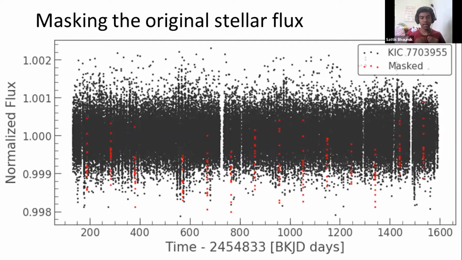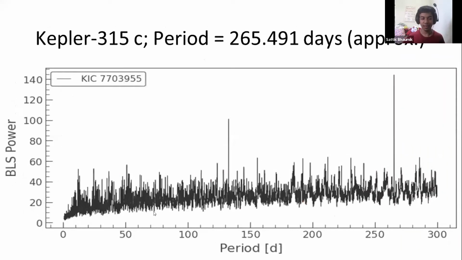So now for finding the next planet, we have hidden the data, so it won't be used for further plotting or further calculations. After hiding or masking, we apply the BLS power method again, and we see that over a period of 300 days, there is a significant maximum power of transit out here.